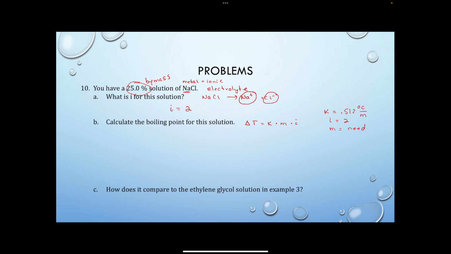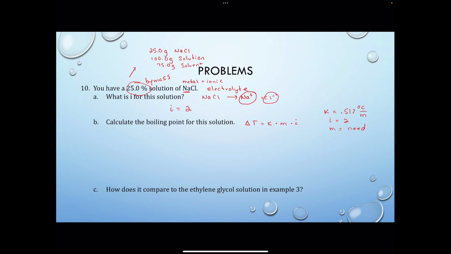So remember that that mass percent means that I have 25 grams of my solute, sodium chloride, present in 100 grams of my solution. And if my total is 100, and 25 is my solute, that means that 75 will be my solvent.